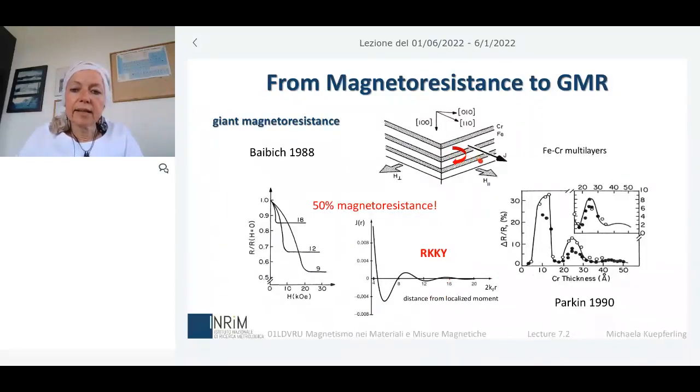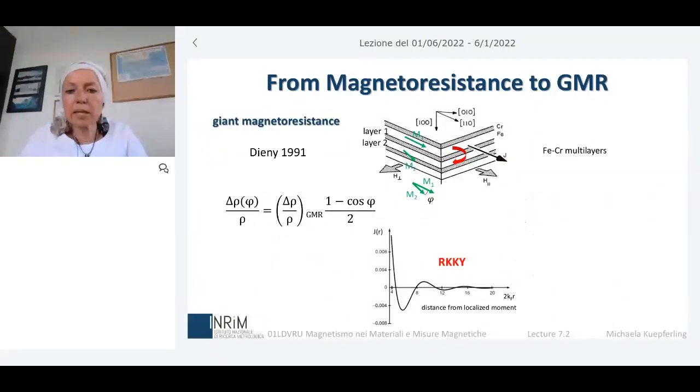And instead of the localized magnetic moments, we had now two magnetic layers, the two iron layers, the non-magnetic layer in between. And what counts is now the direction of the magnetization of the two different layers. So they act as if they were two localized magnetic moments, let's say, in the RKKY interaction.